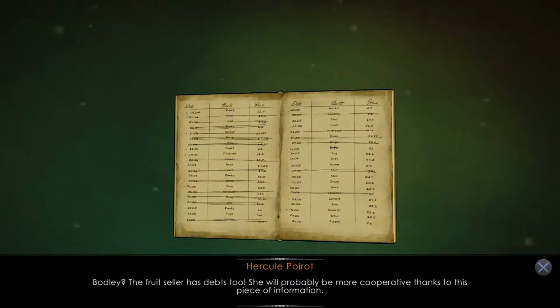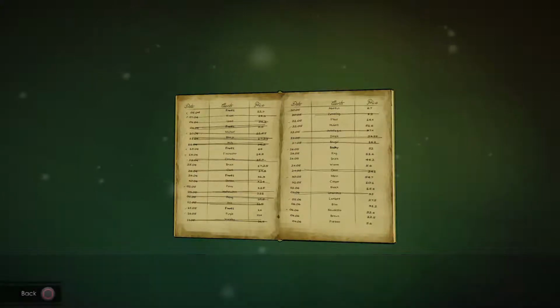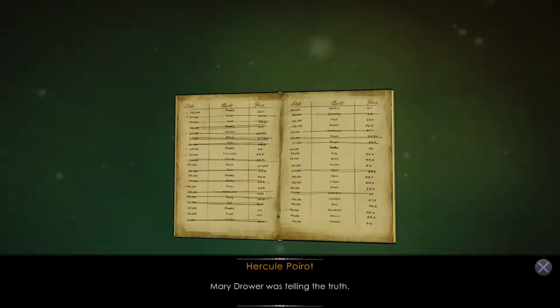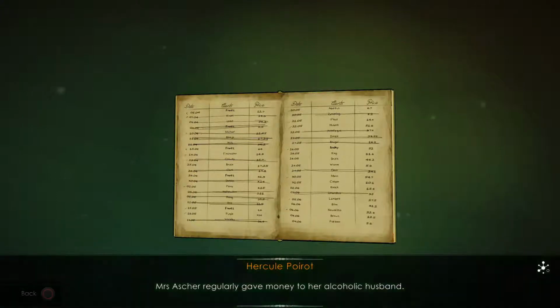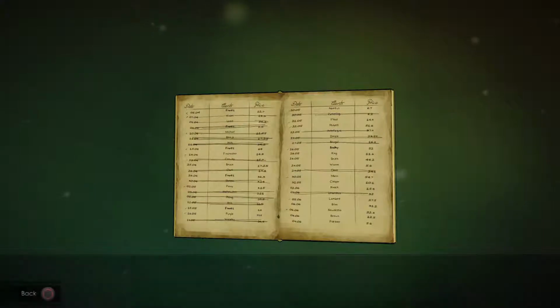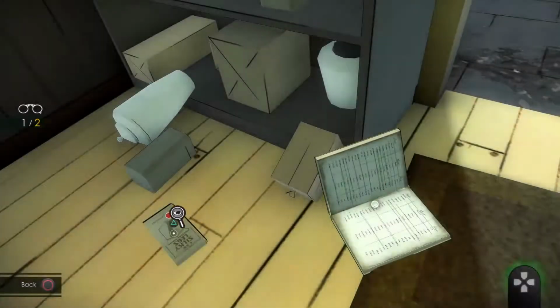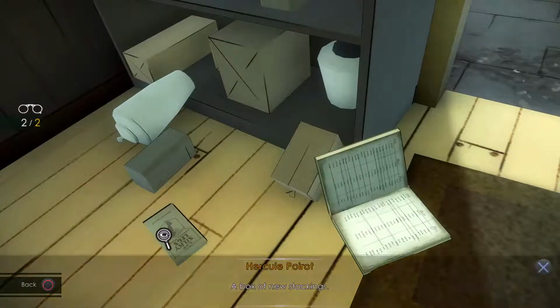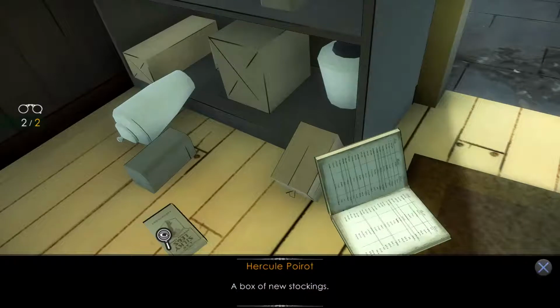The fruit seller has debts too. She will probably be more cooperative thanks to this piece of information. Mary Drower was telling the truth. Mrs. Asher regularly gave money to her alcoholic husband. A box of new stockings.